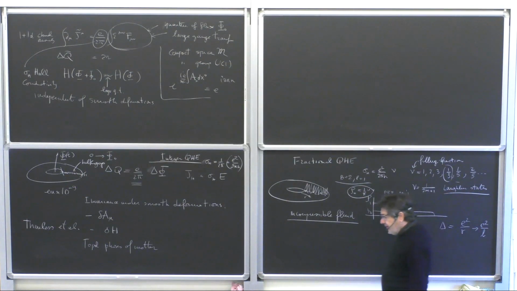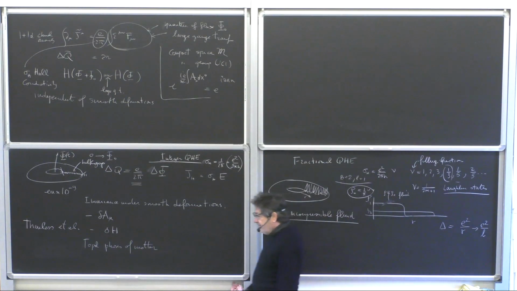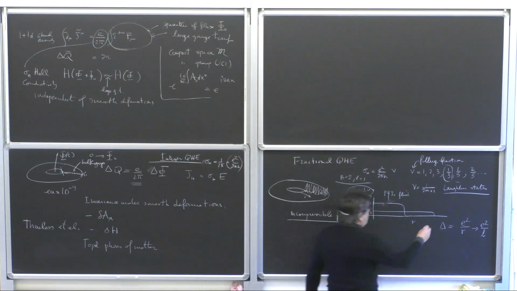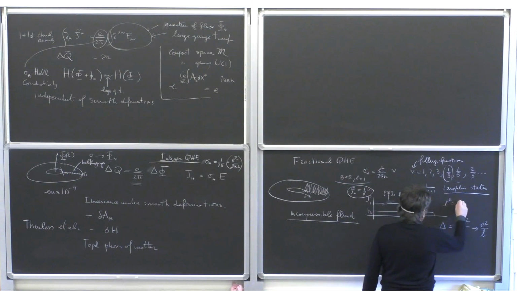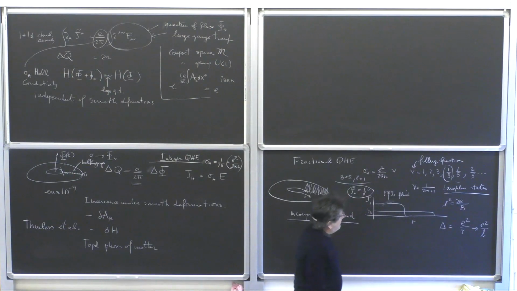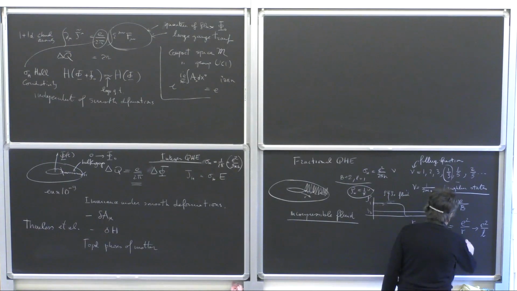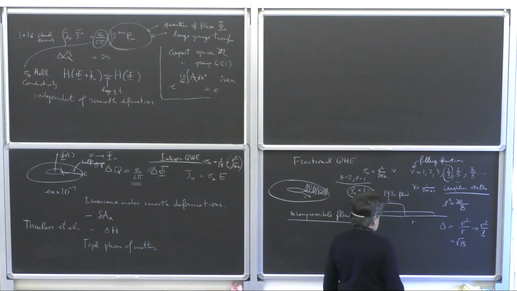That means that forces are screened at the level of the magnetic length. Remembering that l squared is, okay, it then gives you something which is proportional to the square root of B. Okay, we have such a thing.